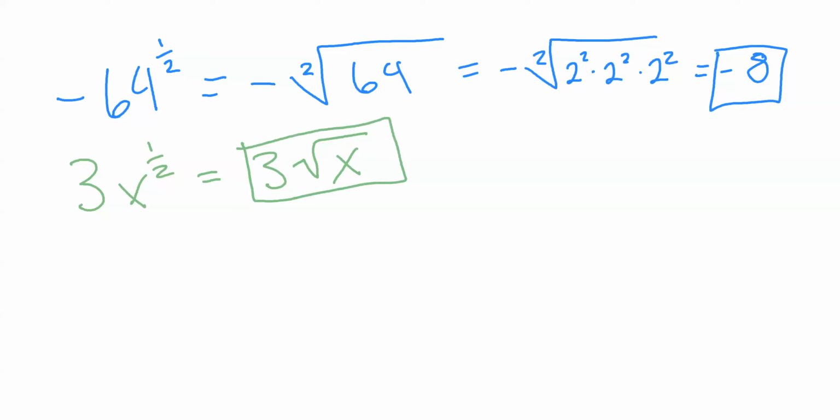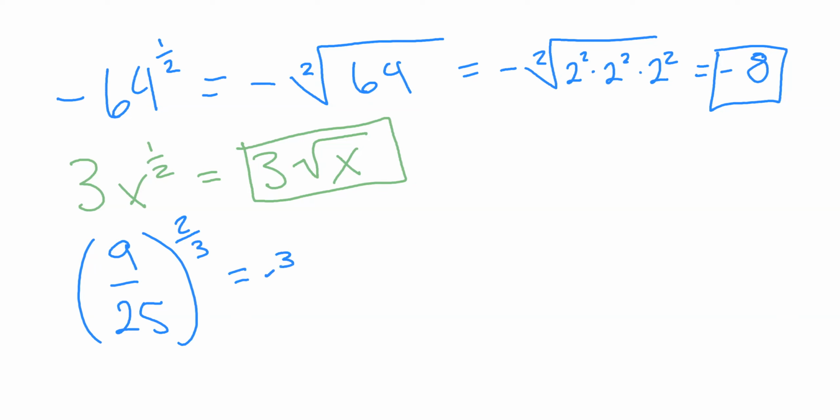And let's go on to the next example, 9/25 to the 2/3. All right, so that 2 in the numerator of our exponent stays as an exponent. That 3 in the denominator is our radical. So we are taking the cube root of 9/25 squared. Right, that's how that translates.